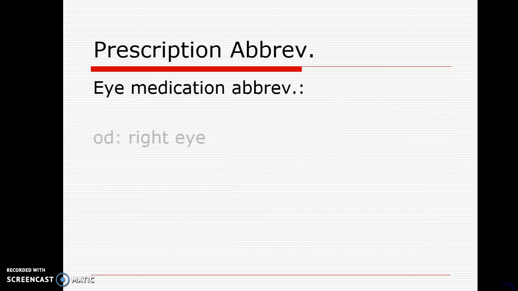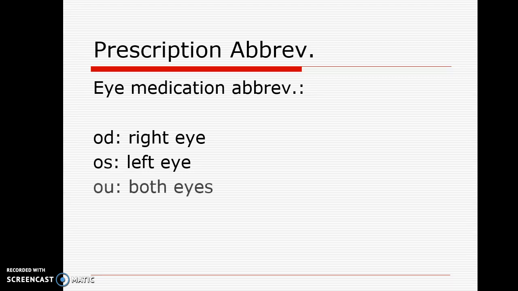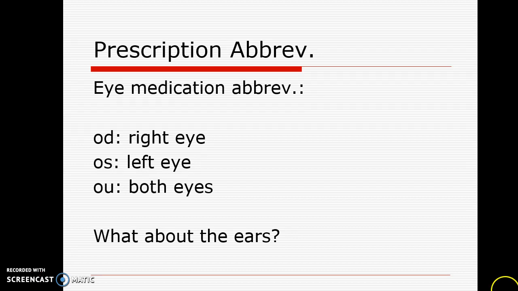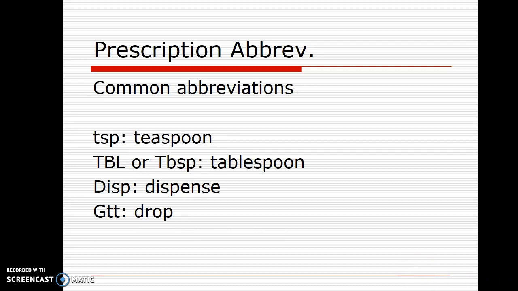And eye medications have some special abbreviations. So OD is right eye, OS is left eye, OU is both eyes. I'll let you think about the ears if I think you've had that before, but you can look in your table in the book. It gives how the ears are abbreviated.